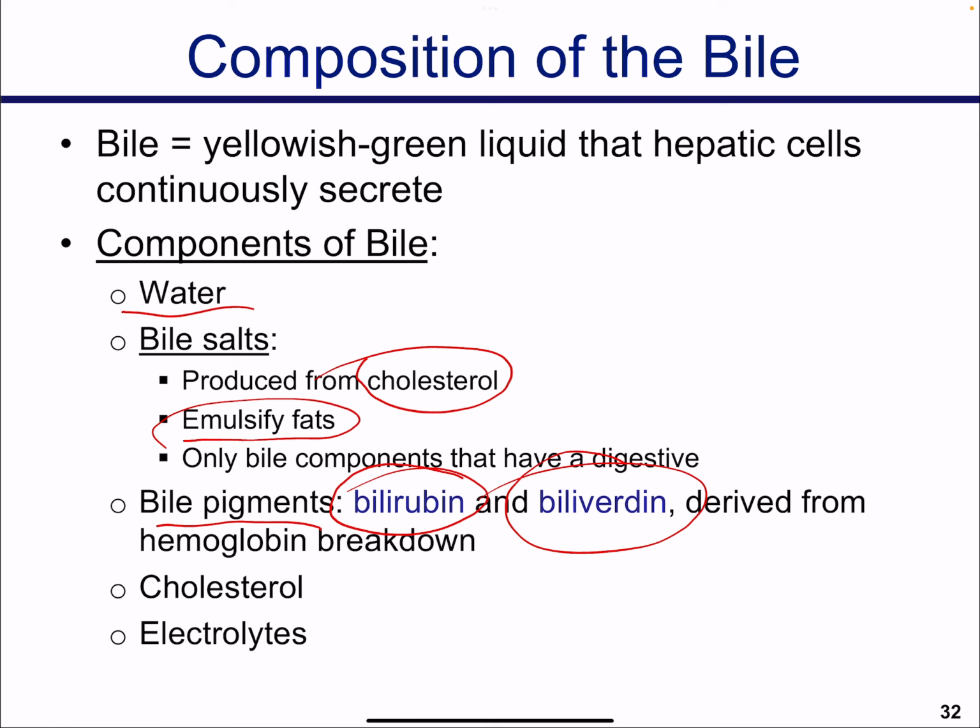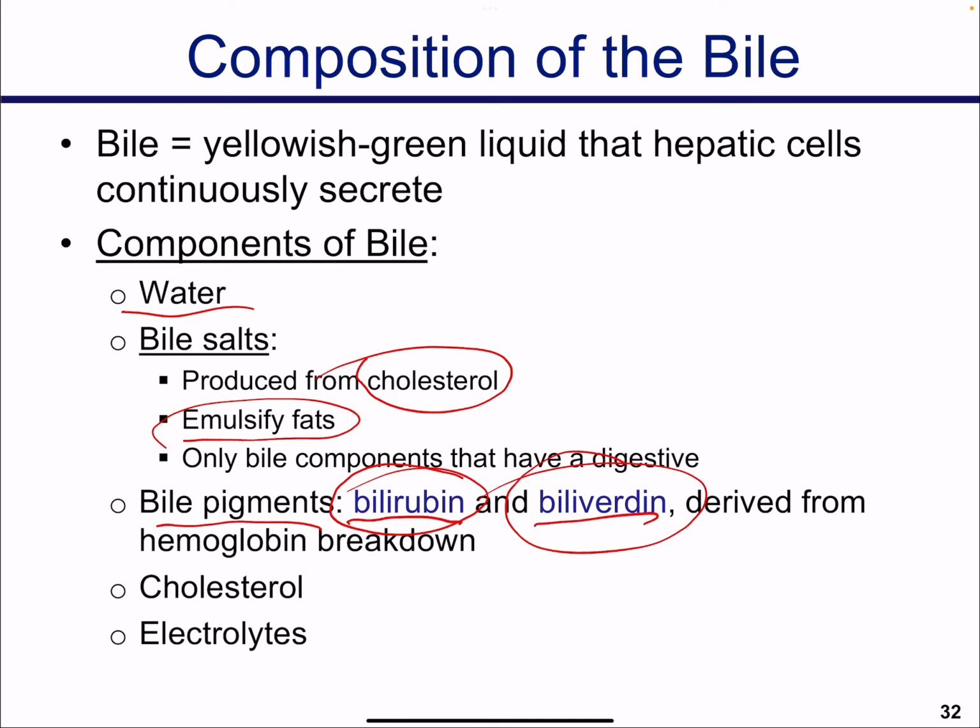Now, remember that the liver, it's actually one of the areas where blood is filtrated. Some blood cells actually die in the liver, and as the red blood cell die, the hemoglobin is broken down, okay? As the hemoglobin is broken down, you have production of bilirubin and biliverdin.